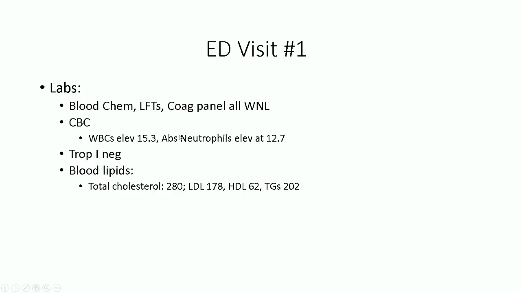Blood chem, liver function, and coag were all within normal limits. However, her white blood cells were found to be elevated at 15.3, with absolute neutrophils also elevated at 12.7, and troponins found to be negative, and her blood lipids confirmed her stated history of hyperlipidemia, which was not treated, by the way. She was on no medications.